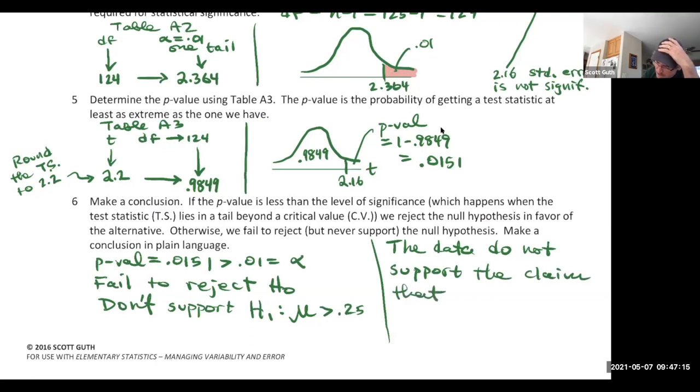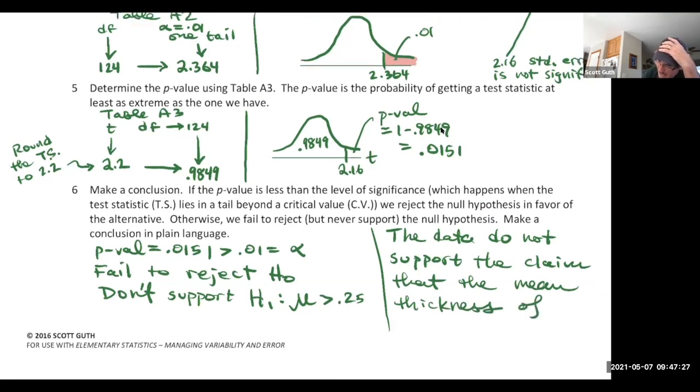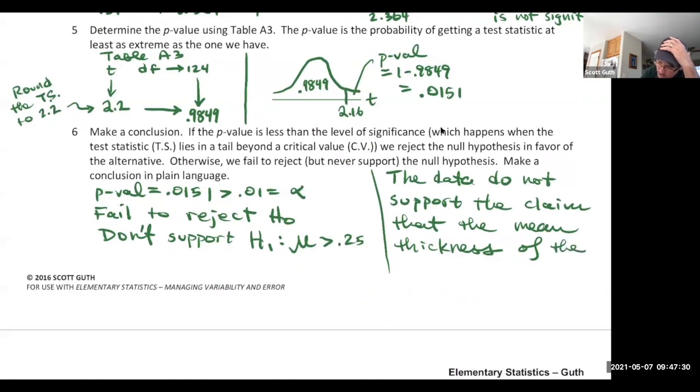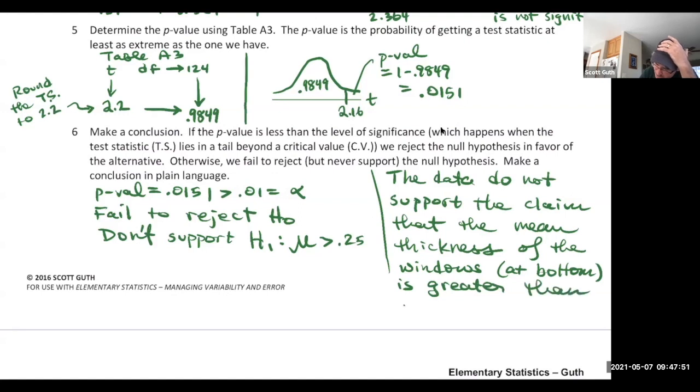That the mean thickness of the glass, let's just say the windows at the bottom, is greater than 0.25 inches. Okay.